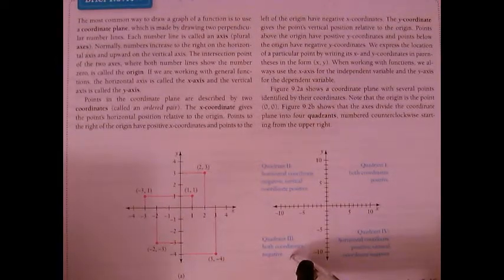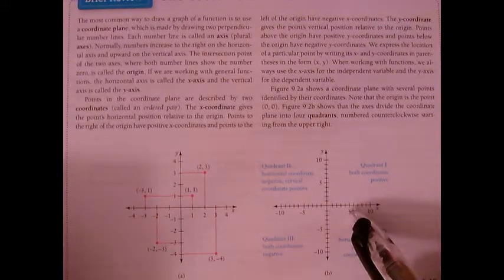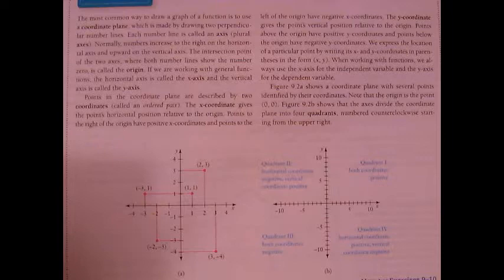Then quadrant 3, that's where both the x and the y coordinates are negative. And then quadrant 4 would be where the x-coordinate is positive and the y-coordinate will be negative. So that's basically what the coordinate plane looks like.